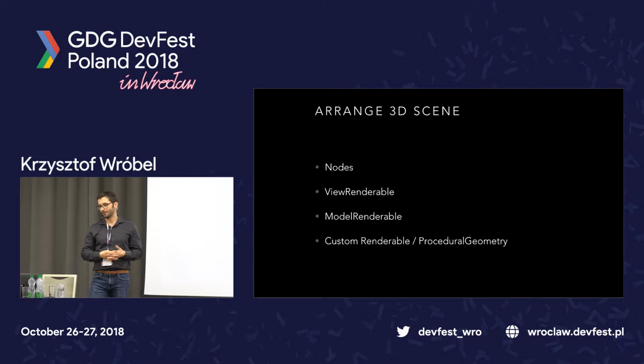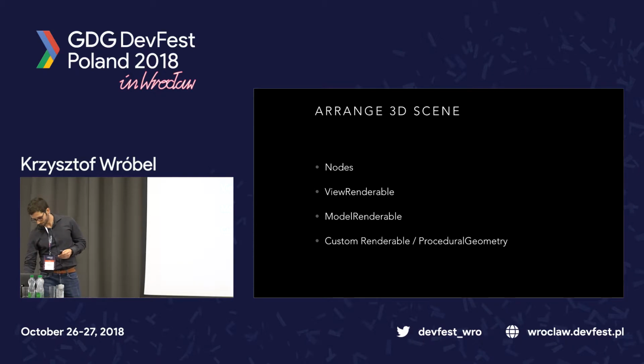There are a couple of cool things which help you build AR experiences, like this view of a buying phone, which is a view renderable that can be done using a regular XML layout, and model renderables, which are basically how you import 3D models into the scene. And there is a custom renderable, which I will show you, which was the one, this triangle moving geometry, which you have seen in the video.